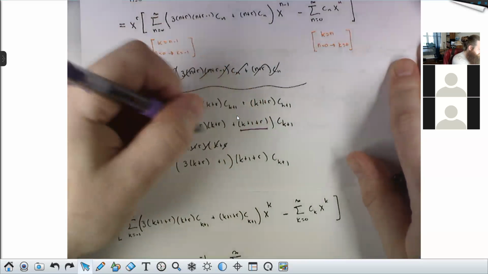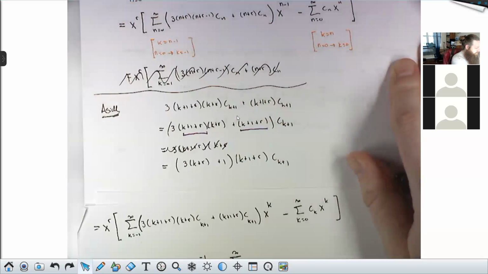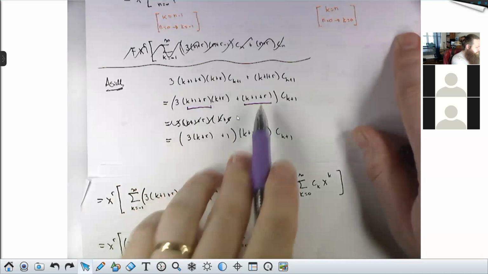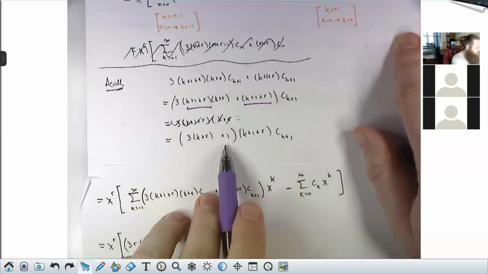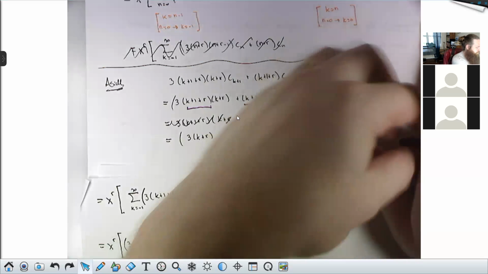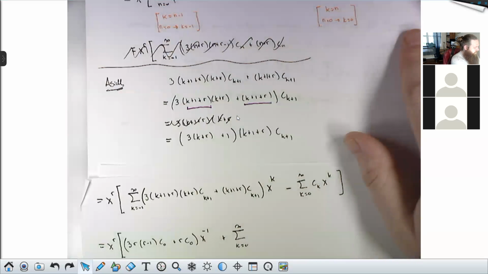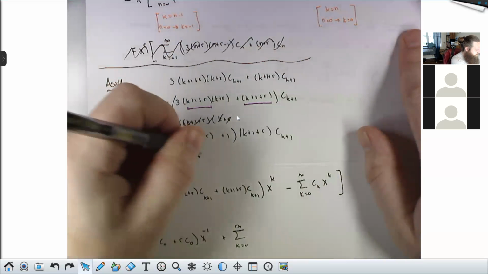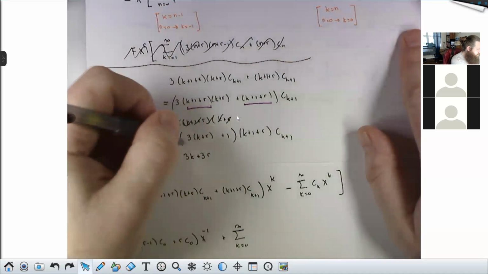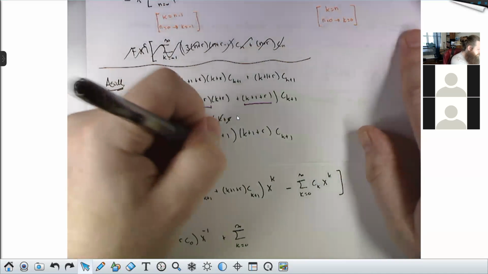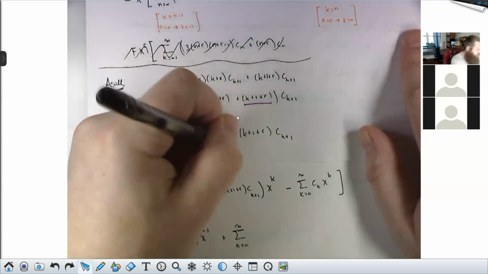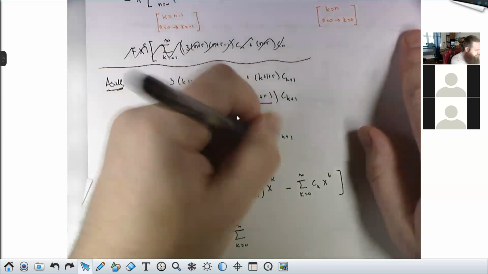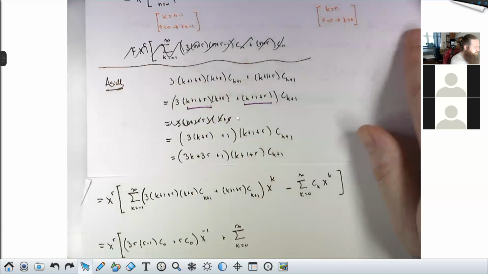When I factor this common term out, this becomes 3 times k plus r, and this becomes 1. So this is 3k plus 3r plus 1 times k plus 1 plus r times ck plus 1.